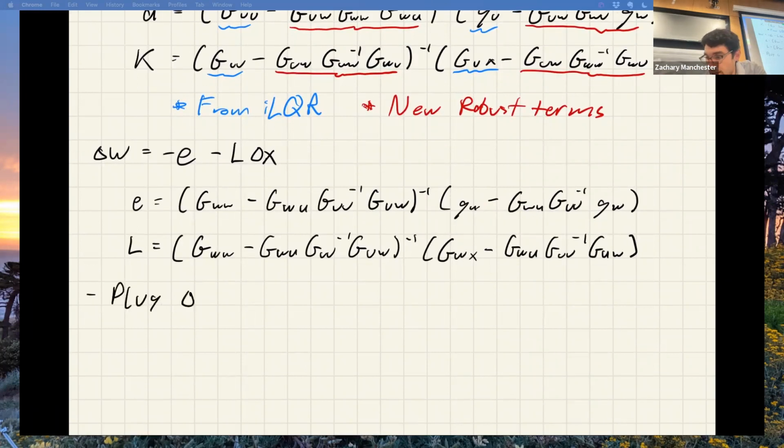We can then plug delta U and delta W back into our action value function to get our new value function, or cost to go.